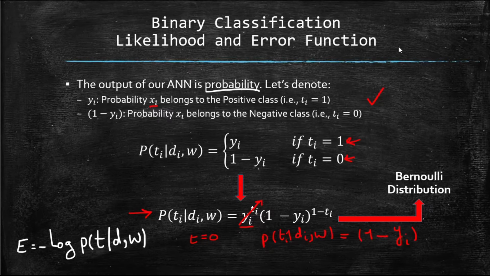Similarly, if t sub i for this particular input was 1, then it means that the second half would be cancelled, because the power would be 1 minus 1, which would be 0, and whatever number you raise to the power of 0 will be 1.